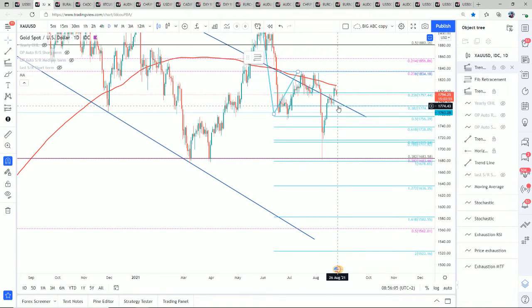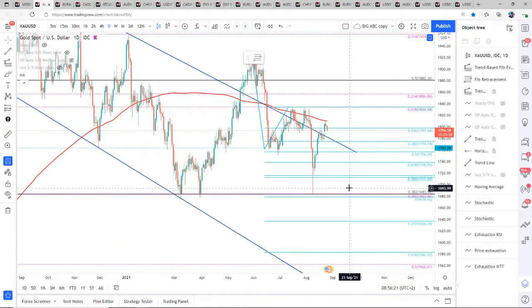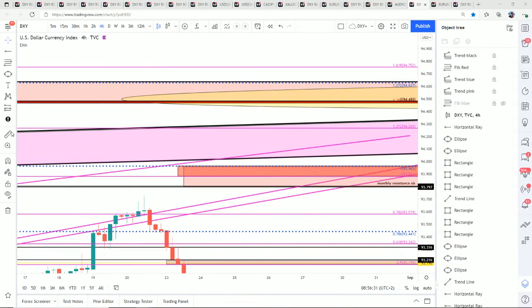When DXY, I mean USD, will be at the 38.2 Fib or something like that, we could be back in this area or a little bit lower. I think we could come back here again. And from there, the signal for me will be given when DXY will be at the maximum, or something that looks like the maximum we just spoke about, which is this chart.